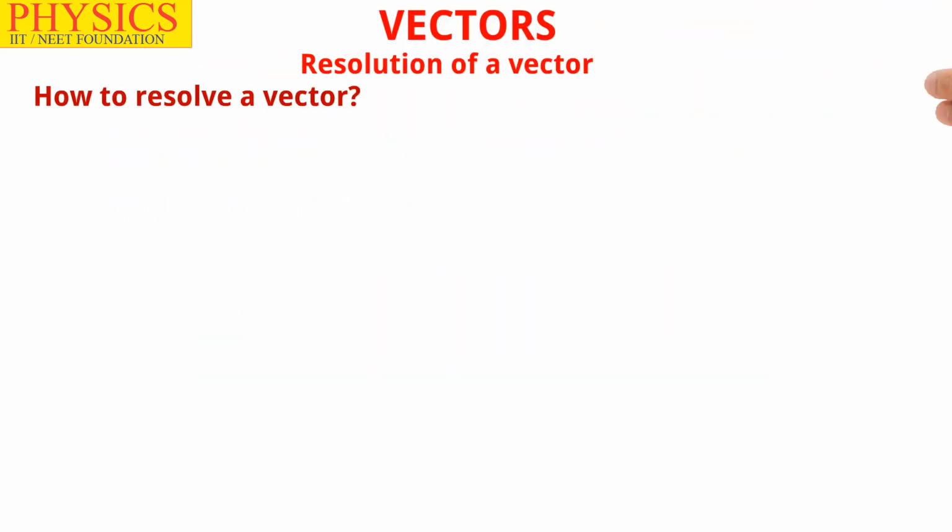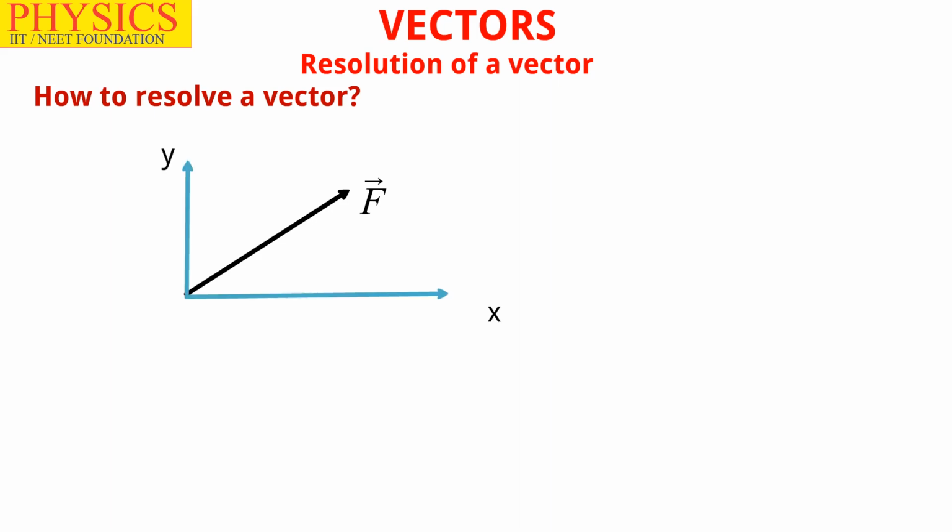Let us see how to resolve it into horizontal and vertical components. Consider a vector f. This is not horizontal and this is not vertical. It makes an angle theta with the horizontal. Let us draw a coordinate system by taking the tail of the vector as the origin.